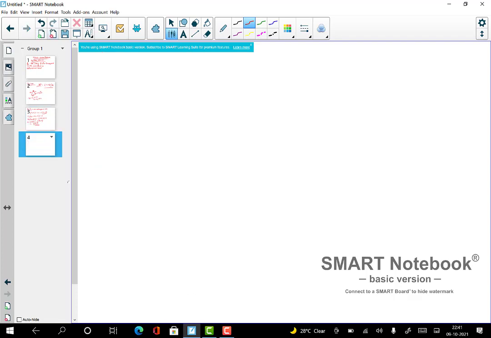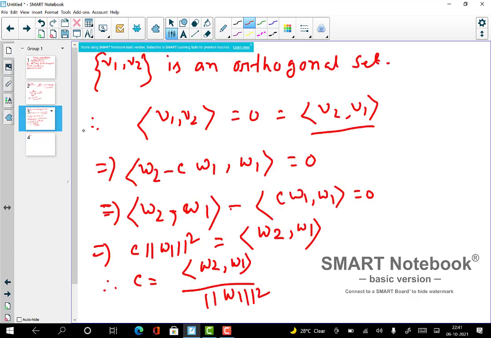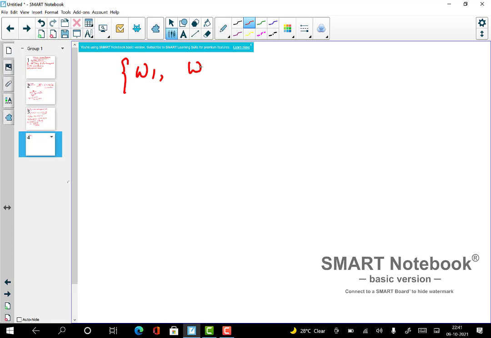So finally check that W1 comma W2 minus C1, where C1 is this inner product of W2 with W1 divided by norm of W1 squared, times W1. So these two vectors actually are orthogonal by the construction or the proof.